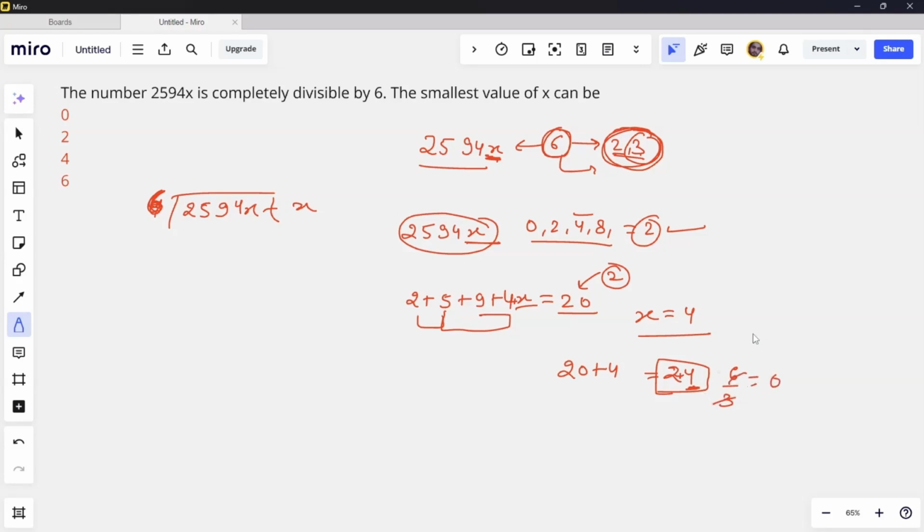It means 24 is the number which is divisible by 3. So if we put x equals 4, this number is completely divisible by 2 and 3 both, which indirectly means this particular number is completely divisible by 6. Okay, so our third option is the correct option.